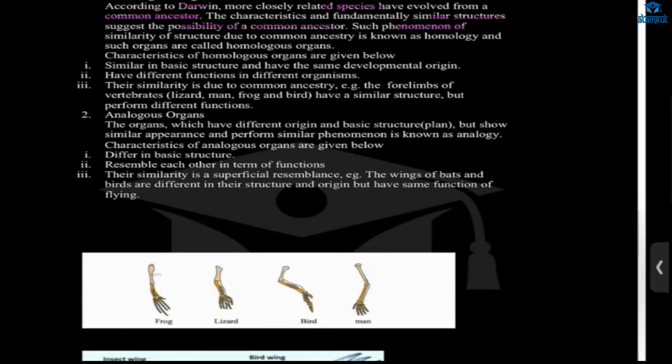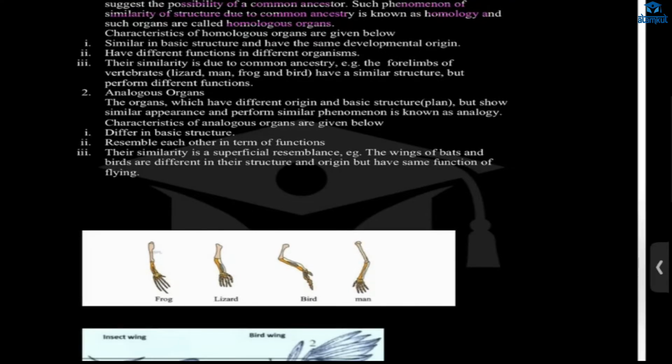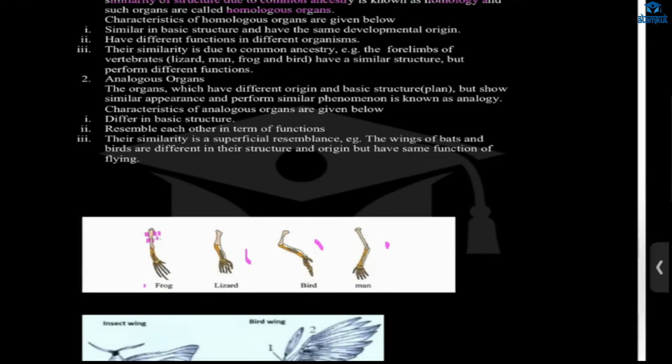Such similarity of structure due to common ancestry is known as homology, and such organs are called homologous organs. Their structure will be similar, but their function will be different, like the forelimbs of the frog, lizard, birds, and man. Their forelimb, their hand, is similar.